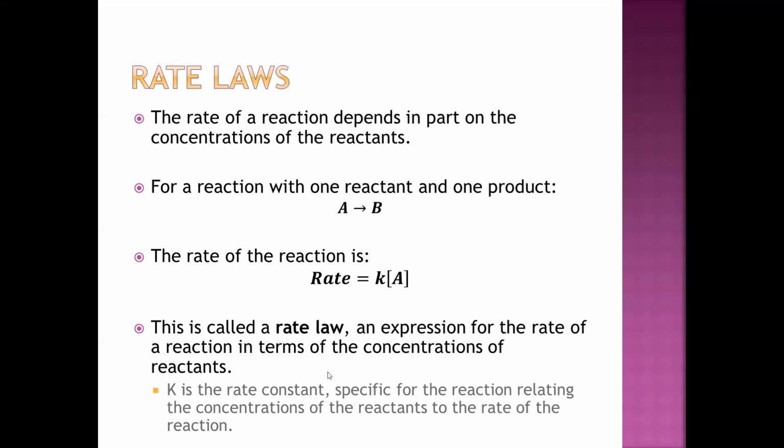So the rate is equal to K, which is called the rate constant, and it is specific for each reaction, and it changes numbers all the time. So for us in this class, we just need to know that you're going to put a K for the constant times A in brackets. So those brackets stand for concentration.